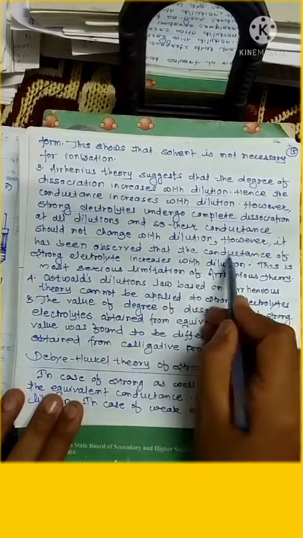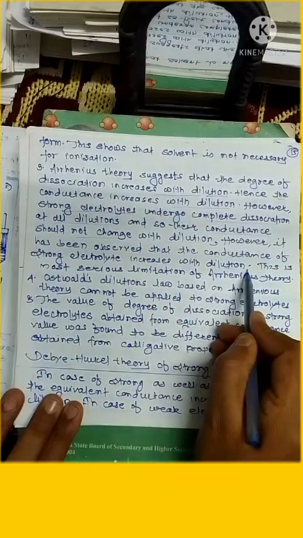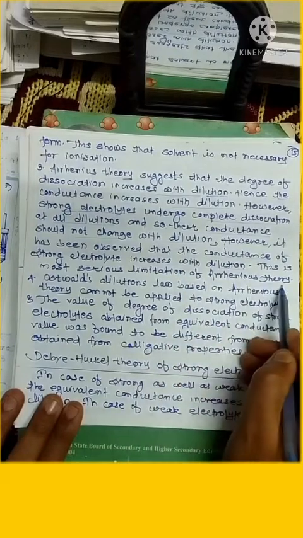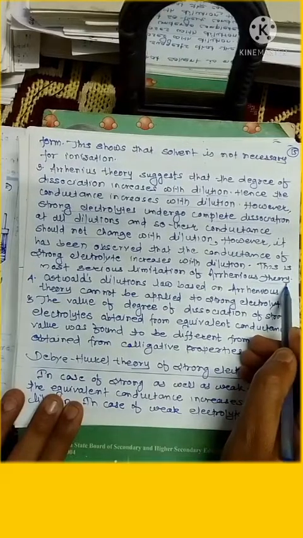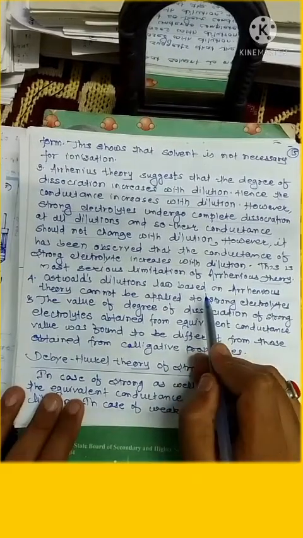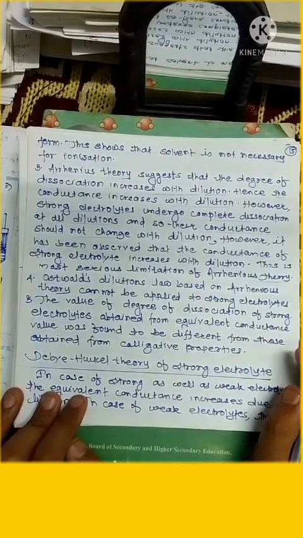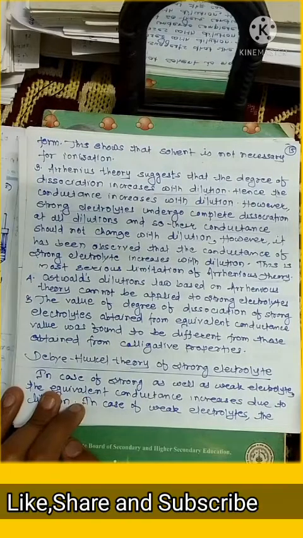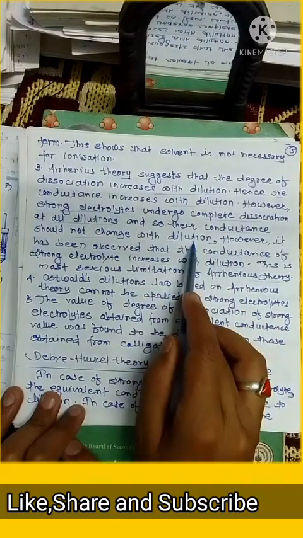However, it has been observed that the conductance of strong electrolytes increases with dilution. This is the most serious limitation of Arrhenius theory, because according to it, as dilution increases, conductance should increase, but strong electrolytes dissociate completely at all dilutions, and because of that their conductance should not change with dilution.